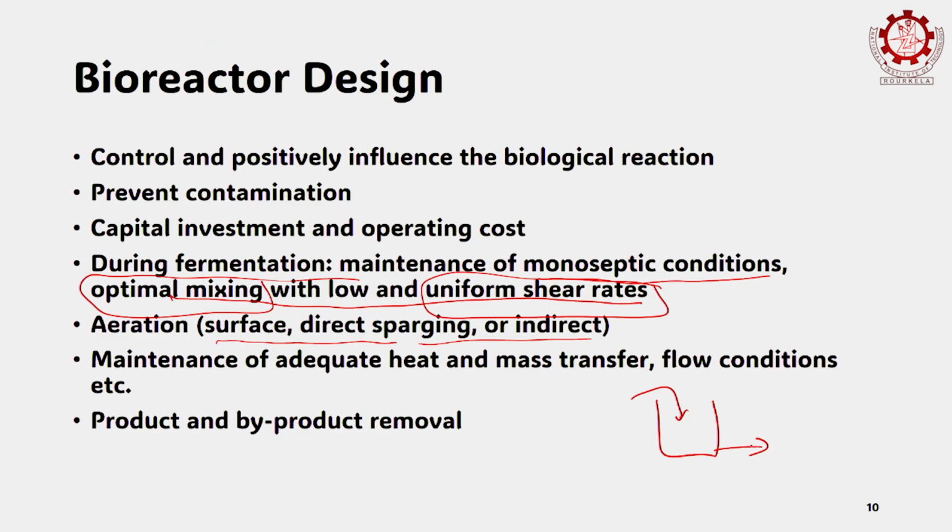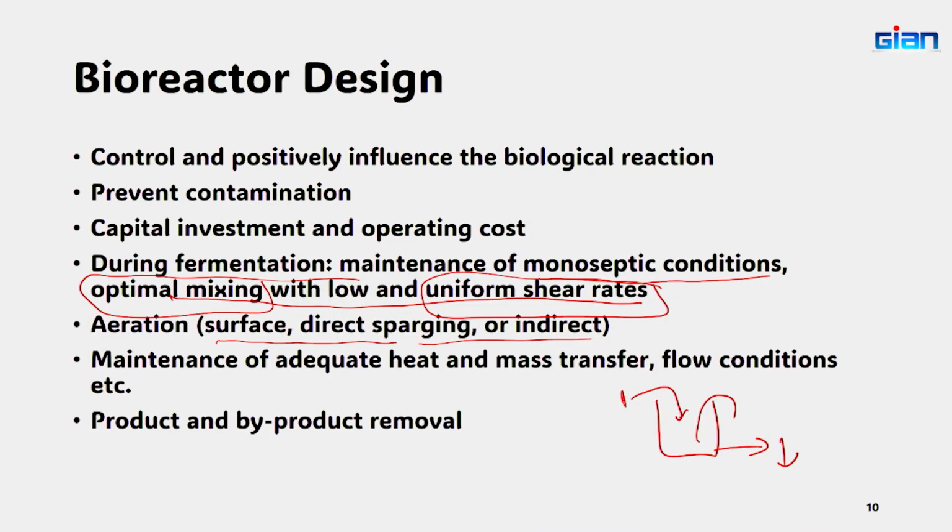It has to be maintained in such a way. You cannot have a lower output, higher input, because then your reactor will overflow. Correct? So you have to maintain that optimal condition, the balance, so that your cellular growth is maintained within the reactor at all times. The products and the byproducts removal is also there, to maintain the optimal conditions within.